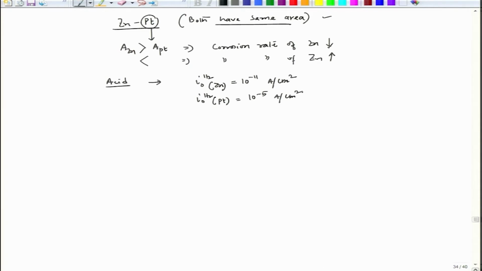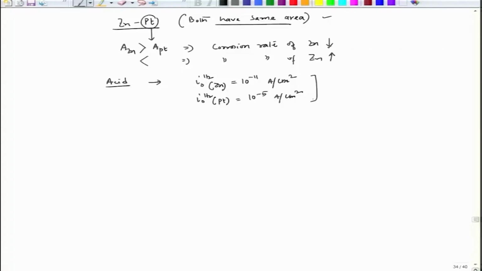These are arbitrary values I am considering, but at least we know that the exchange current density of the hydrogen evolution reaction on a zinc surface in an acid is much lower than that on platinum. So we are maintaining that difference by assuming these two values.